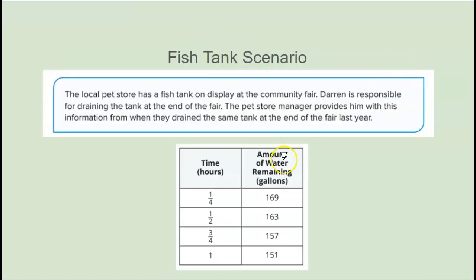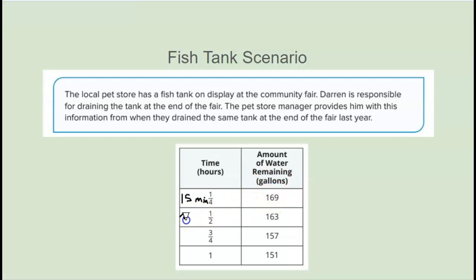And here's the third situation. There is a guy named Darren, and it's his job to drain a tank at the end of the fair. And the manager gives him this information. After 15 minutes, because 1/4 hour is 15 minutes. So after 15 minutes, there is 169 gallons in the tank.